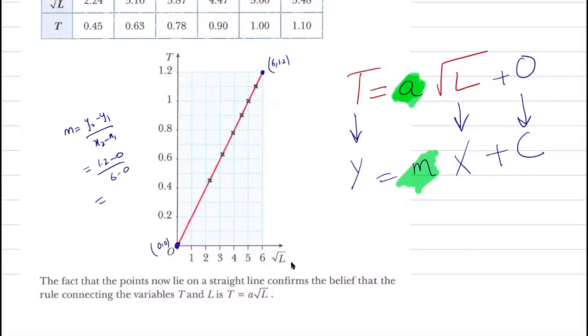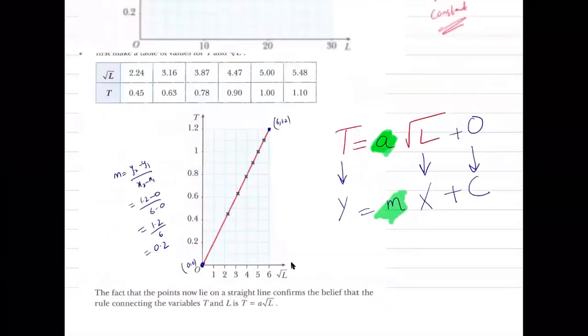So 1.2 divided by 6, what is it coming out? What is 1.2 divided by 6? 0.2. Okay, so it means that the gradient is 0.2.